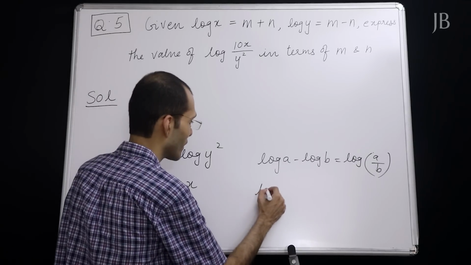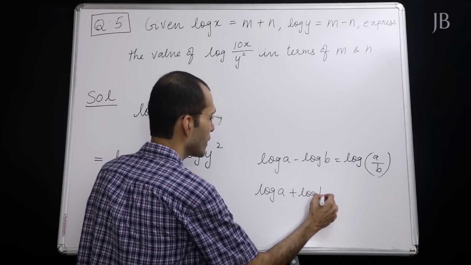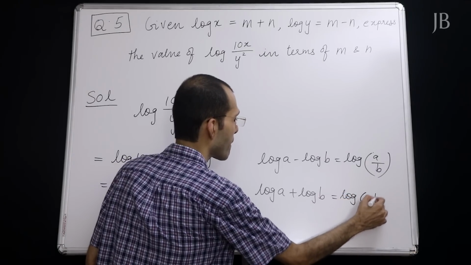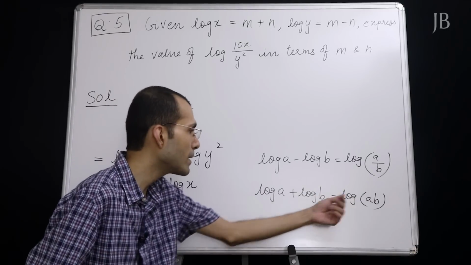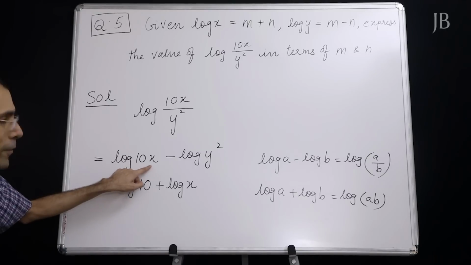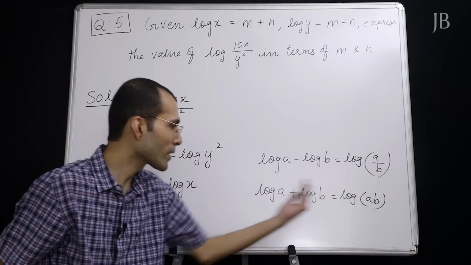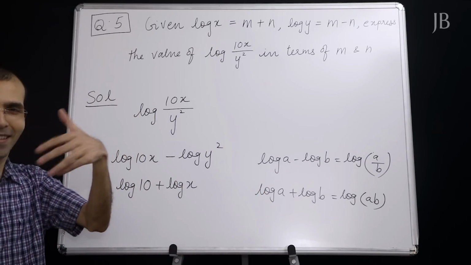We'll put it here. Log a plus log b will be log of ab. So reverse is also okay. Log of ab will be log a plus log b. So this is like your a and this is like your b. This is log ab. If I go reverse split, it will be log a plus log b. Getting the connection?